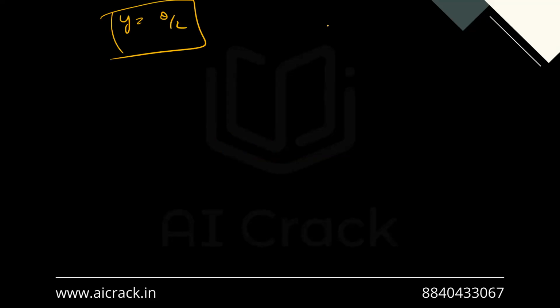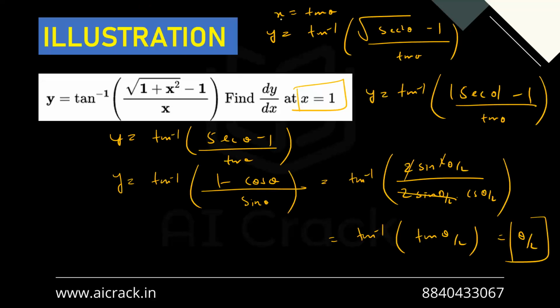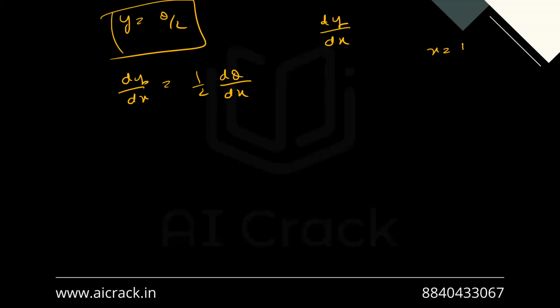Now the interesting part over here is we have to calculate dy by dx, right? So dy by dx would be 1 by 2 times d theta by dx, right? Now how do we find out d theta by dx? We can find it from this substitution. We have x equals tan theta. So dx by d theta would be sec square theta, right?